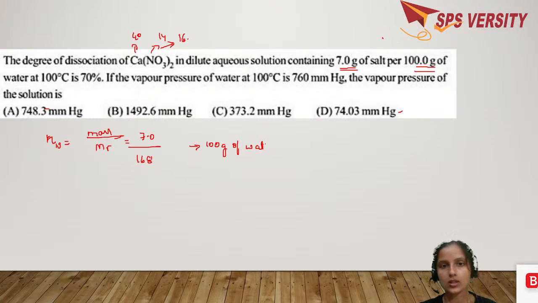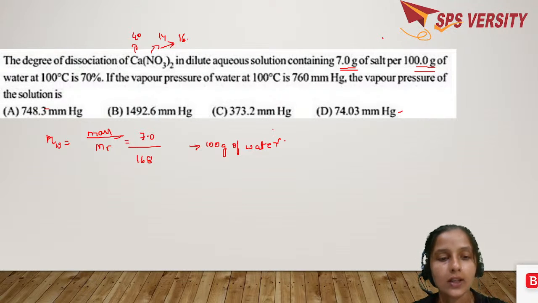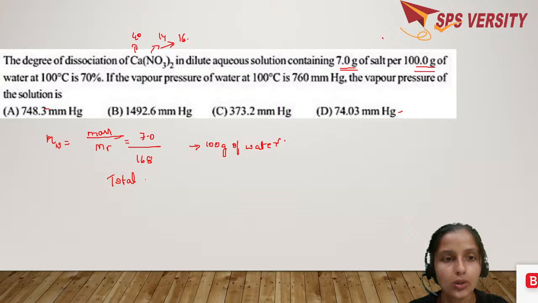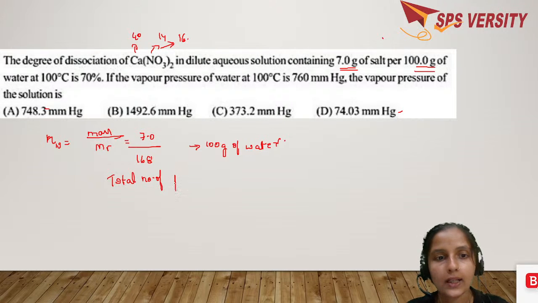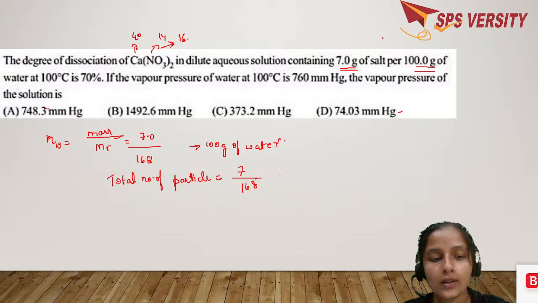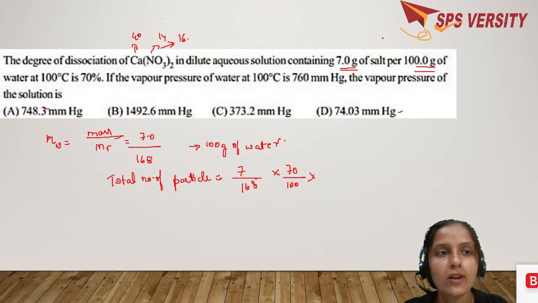And the degree of dissociation of this particular thing is 70%. So what is the total number of particles then? If it is 70%, the total number of particles is equal to this number of moles, 70 over 100, into how many ions it is going to give.